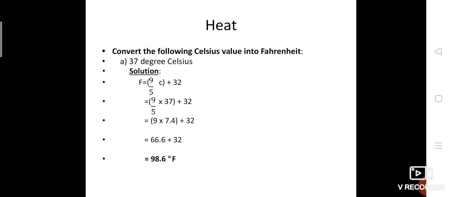So first you have to complete the bracket, inside you have to solve, then only you have to add. So 9 by 5 into 37, here what they have written is 37 by 5, that is 37 and 5 they do division, so they get 7.4, then they multiplied 9 into 7.4, that is 66.6, then they add 32, so it is 98.6 degree Fahrenheit.